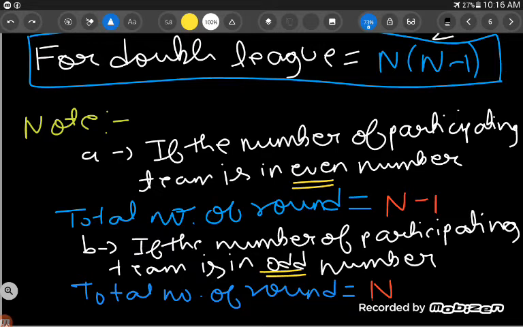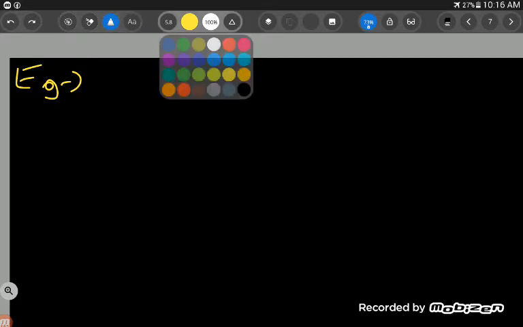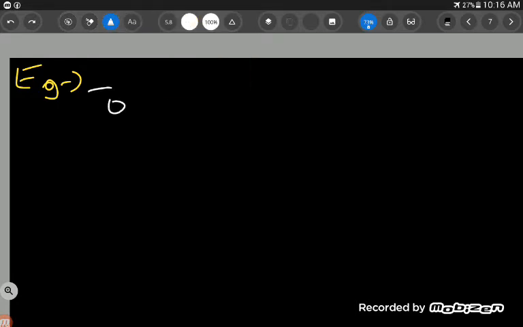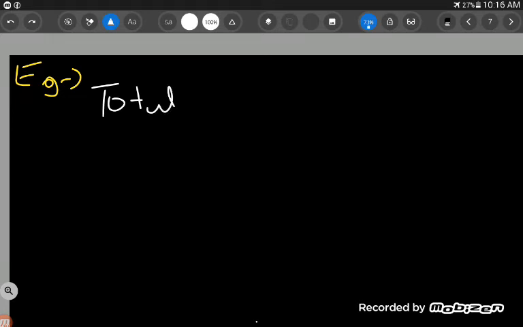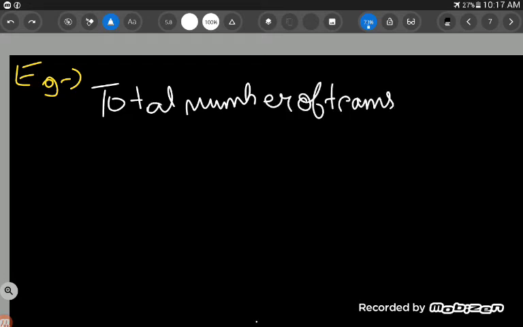Example: total number of teams. You have written in A, even number, so I will draw the fixture for an even number of teams.